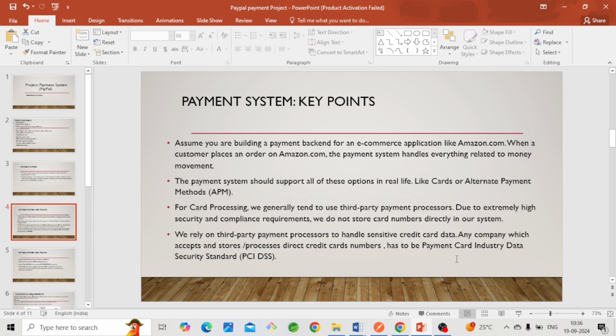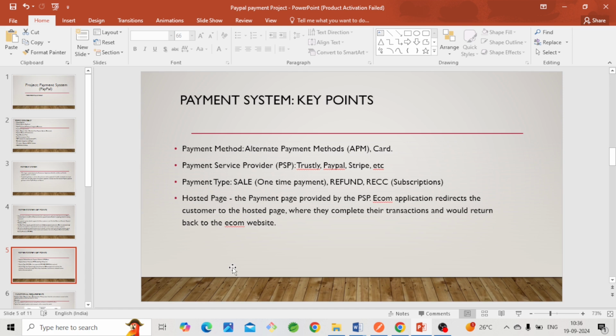Any company which accepts, stores and processes credit card numbers directly has to comply with the Payment Card Industry Data Security Standard. So whoever handles the third-party payment processing follows the Payment Card Industry Data Security Standard.